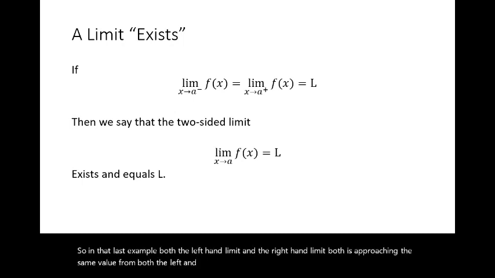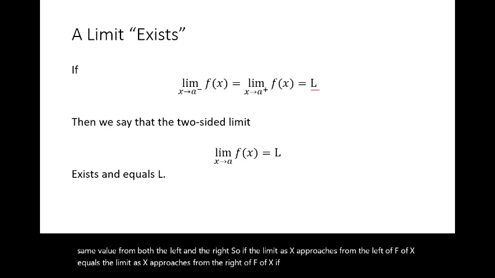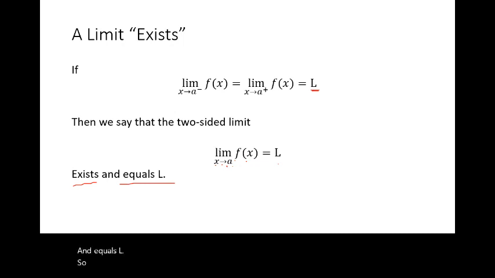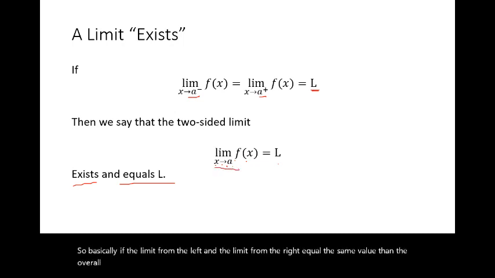So if the limit as x approaches a from the left of f of x equals the limit as x approaches a from the right of f of x, if they are equal to each other and they both equal some value L, then we say that the overall two-sided limit as x approaches a of f of x exists and equals L. So basically, if the limit from the left and the limit from the right equal the same value, then the overall two-sided limit exists and equals that value L.